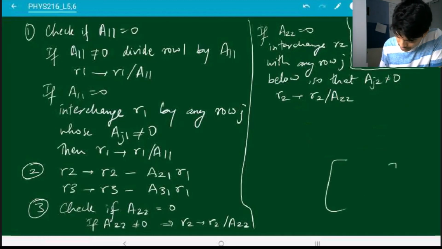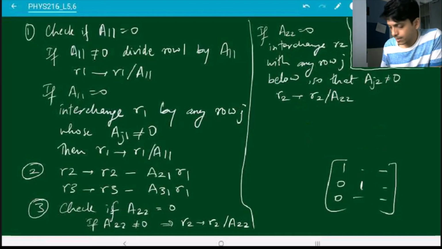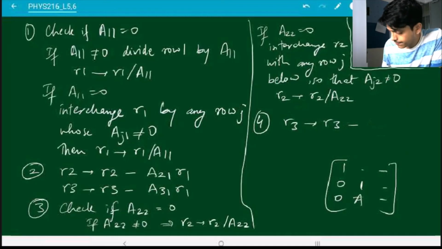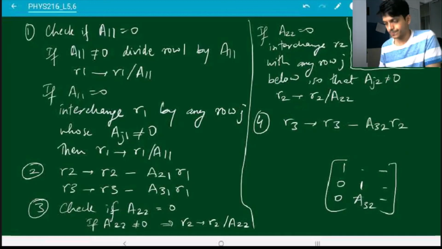So now our matrix has become 1, 0, 0. Here there are some numbers, and this one you have managed to make 1. Now you want to make this fellow 0 at the bottom. So R3 goes to R3 minus, right now this is some A32, so minus A32 times R2.